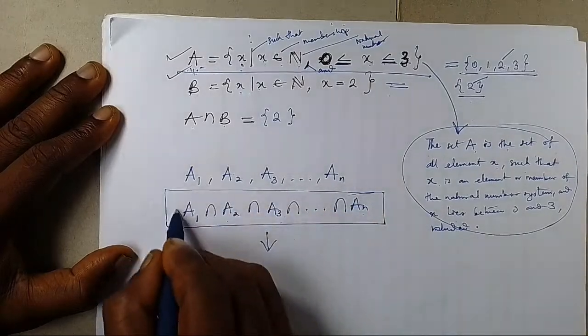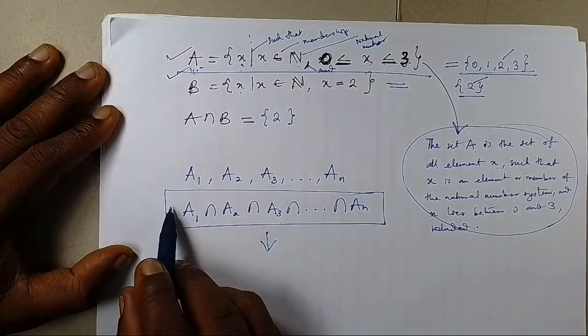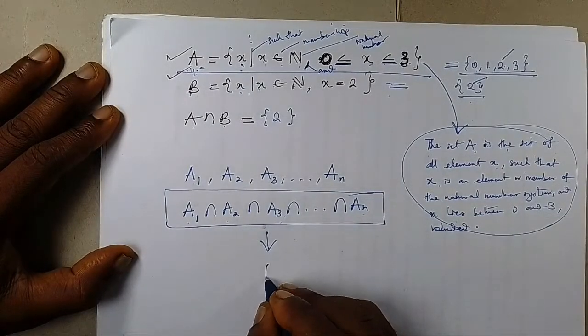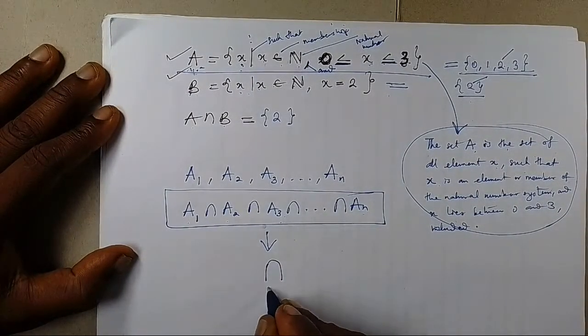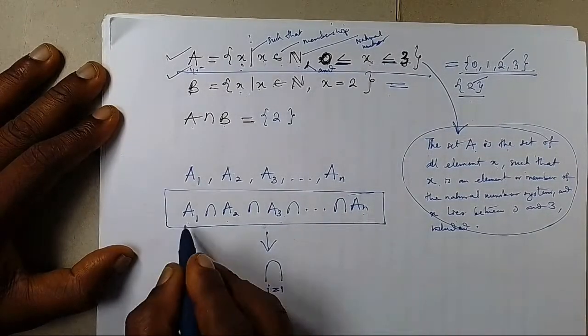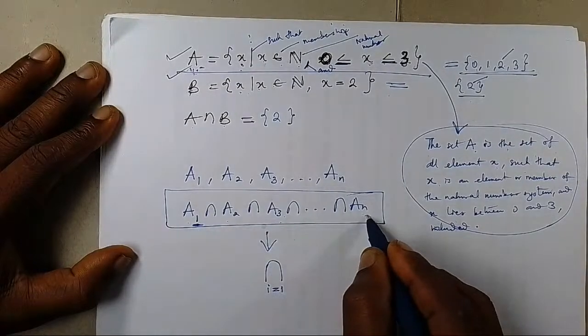In shorthand notation, all you have to do is put the cap notation with an iteration from i equals 1 to n. i starts from 1 and ends at n.